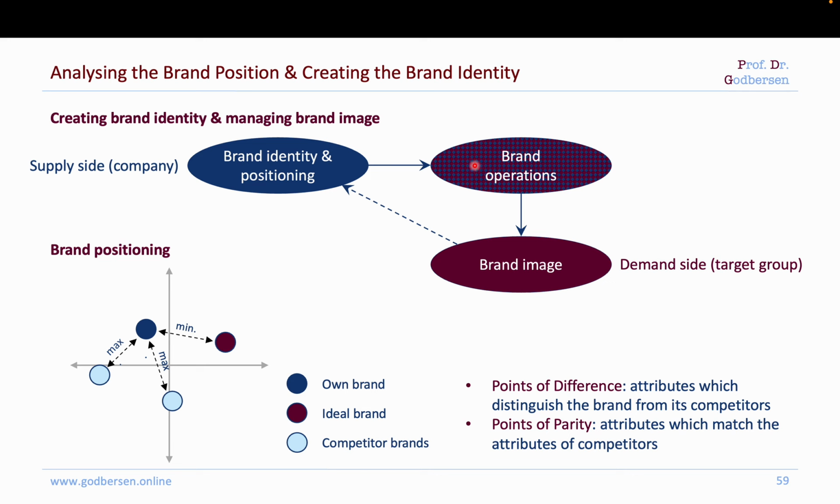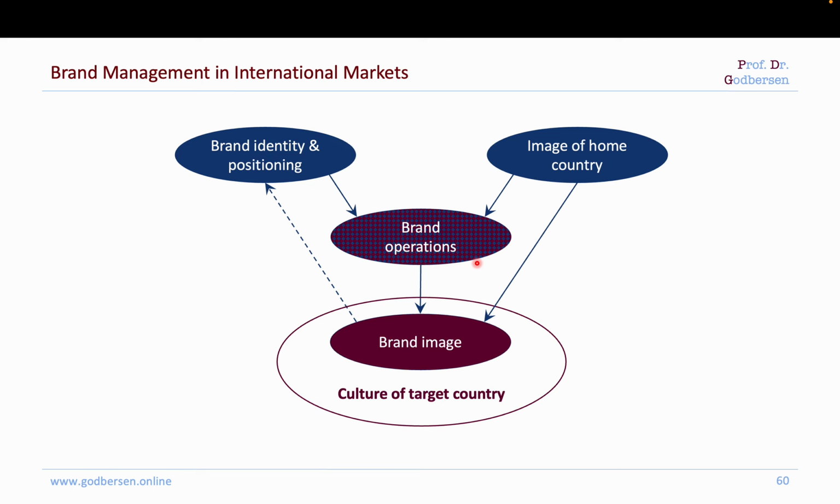we transform the brand identity, or translate the brand identity, into brand operations, and then the brand image is formed. This same figure, slightly differently organized, is here: brand identity that we define. Translate this into our brand operations, and then the brand image is formed. The brand image is formed within the framework of the culture of the target country.